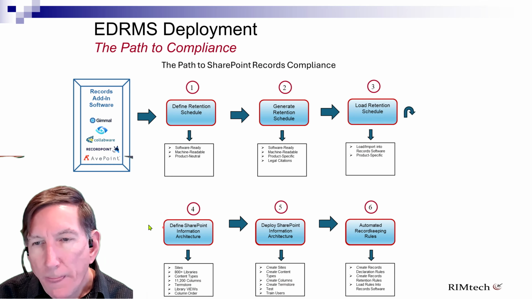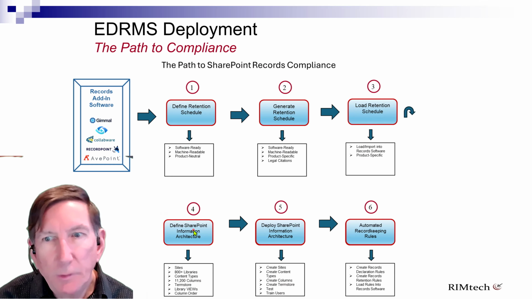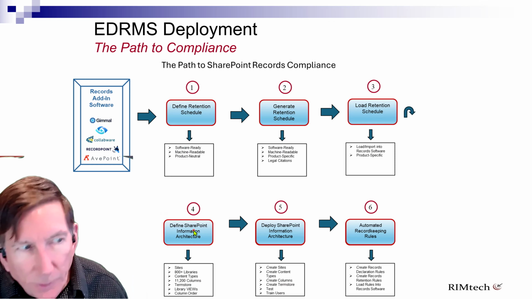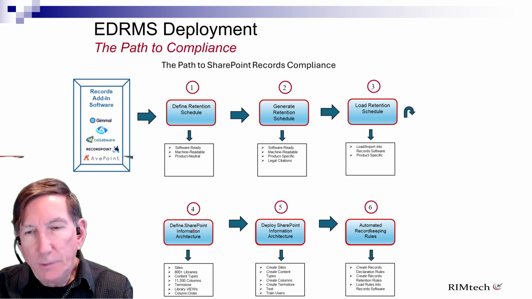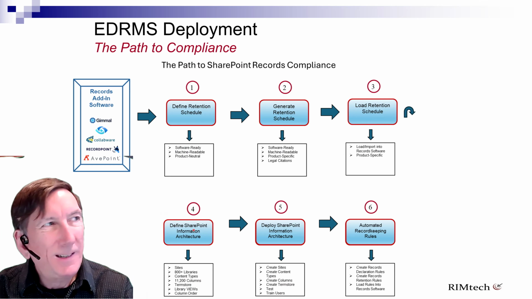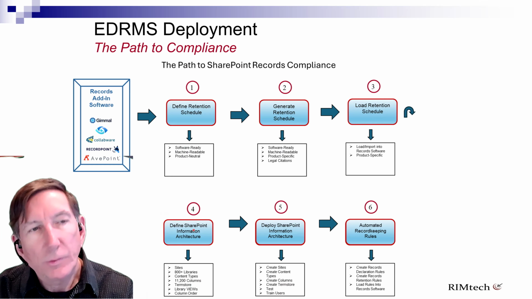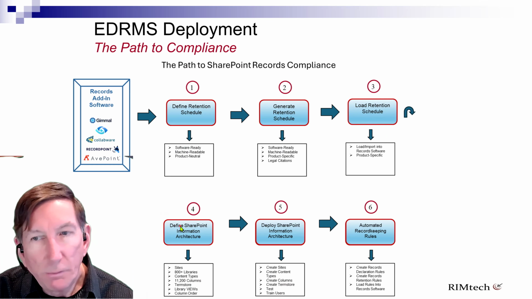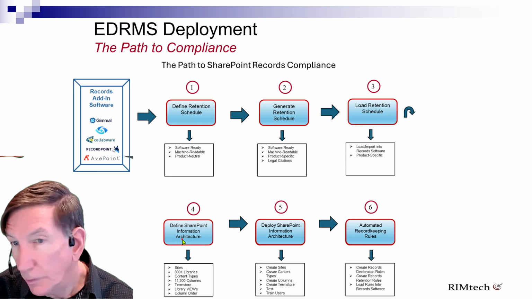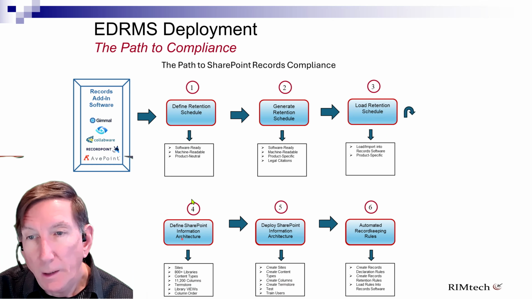Step 4 is we have to have the SharePoint information architecture. Where are all these records going to go? Well, 800 places and 11,200 columns and tens of thousands of document sets. So in step 4, you have to write all that down in a spreadsheet. You've got to record it somewhere. And that's what step 4 is, defining that information architecture.